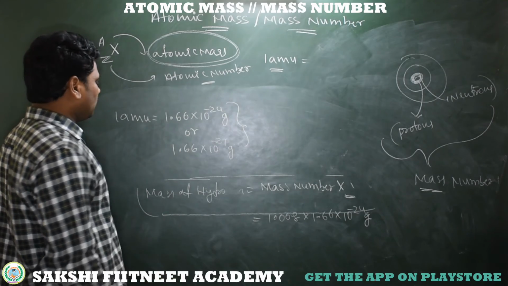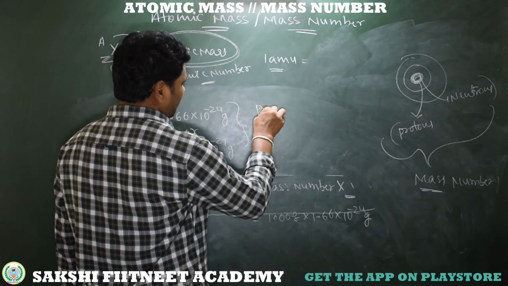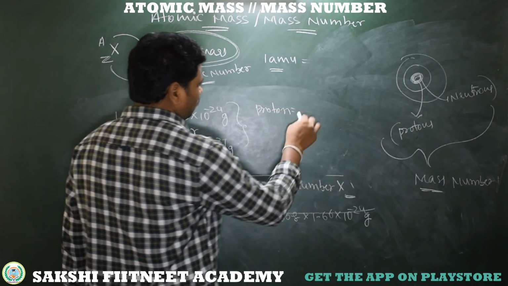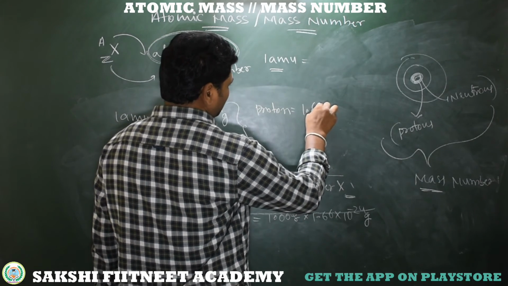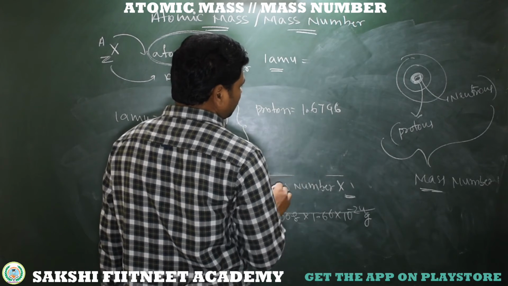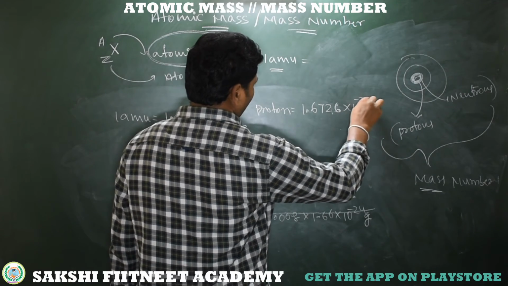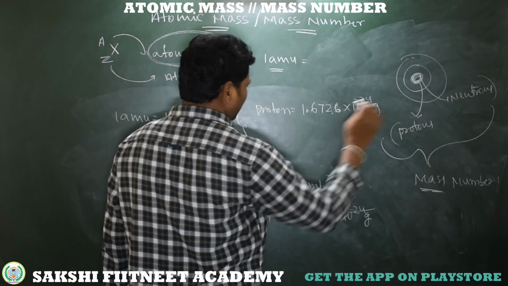See here, this is the weight of AMU. So what is the weight of a proton? Proton weight is equal to 1.6726 into 10 power minus 24 grams, or minus 27 kgs.